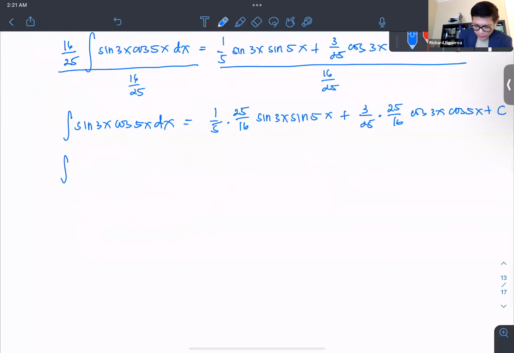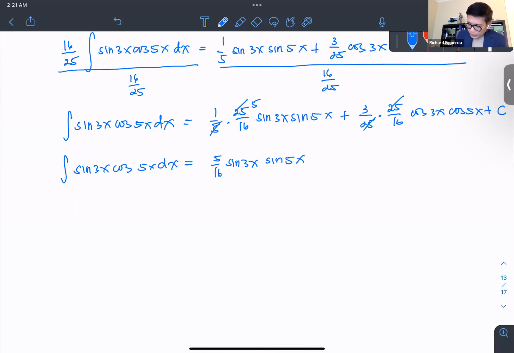So therefore, the integral of sine 3x cosine 5x dx, 25 and 5, so we'll retain 5 all over 16. Okay, so sine 3x sine 5x. 25 and 25 would be cancelled out.